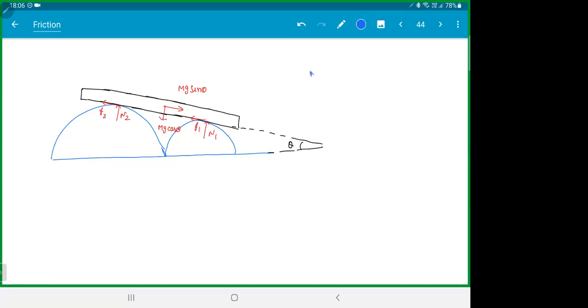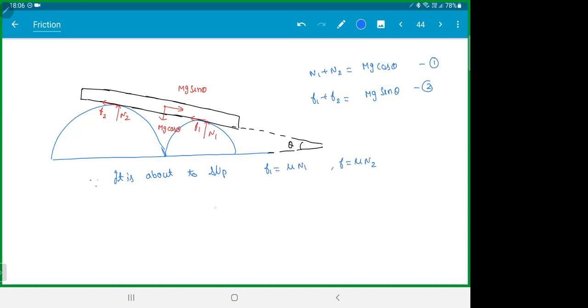From here we can see N1 plus N2 is mg cos theta. F1 plus F2 is mg sine theta. Since it is about to slip, frictions are maximum. F1 will be mu N1, F2 is equal to mu N2.